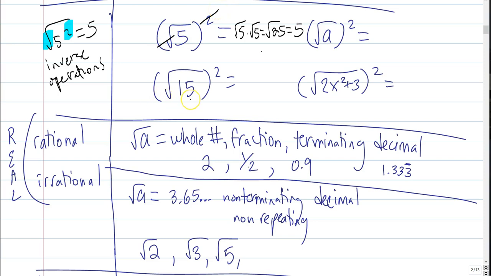What is the square root of 15 squared? What is the square root of a squared? Now, sometimes they will put an absolute value of a as your answer. I'm not sure if this book does that. If it does, go ahead and work through that in the homework. But this is the answer I'm wanting. Technically, if a was negative, this would not be true, so it's not an important issue to me.